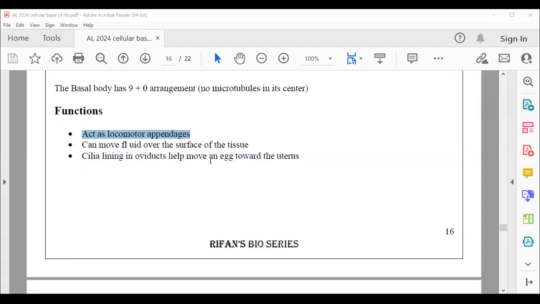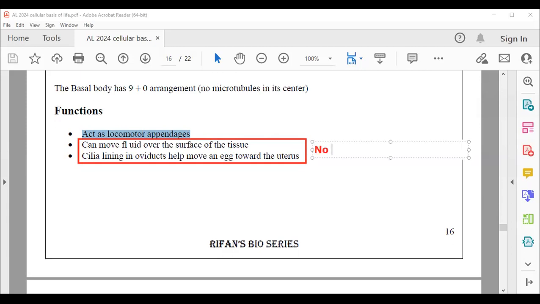So, the second one and the third one are not related to locomotion. Understood?